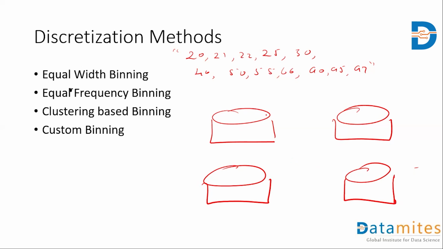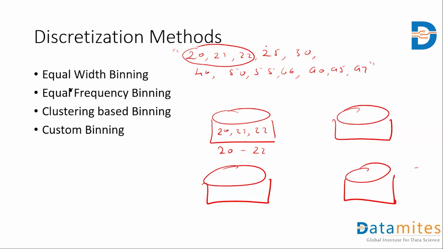I will first arrange the entire thing into ascending or descending order. Since this is 12, 12 divided by 4 gives you 3. So each of these bins is supposed to have 3 members. The first 3 members come over here: 20, 21, 22. So the width of this particular bin becomes 20 all the way to 22, right?